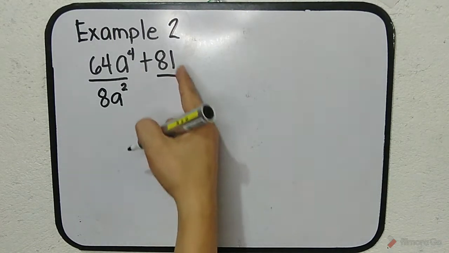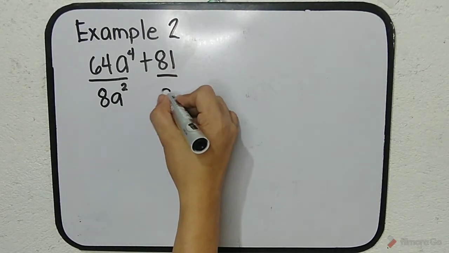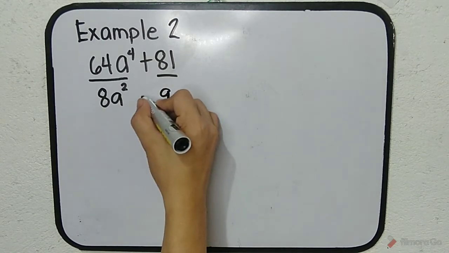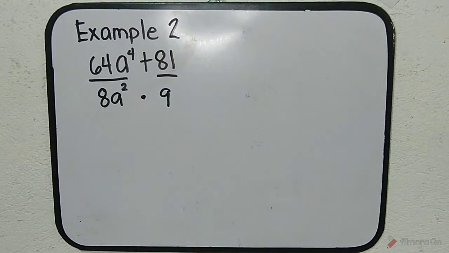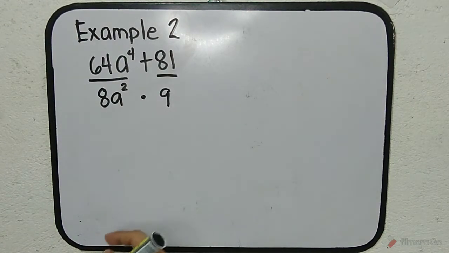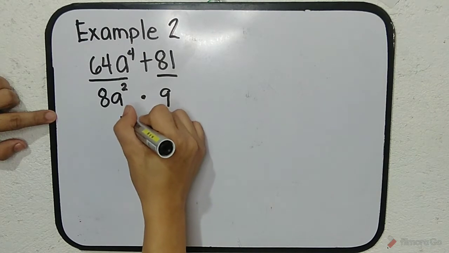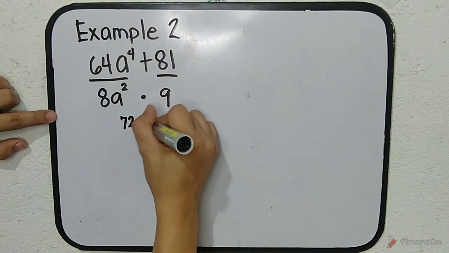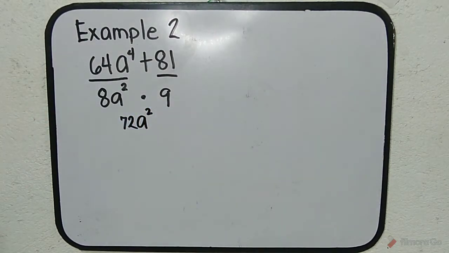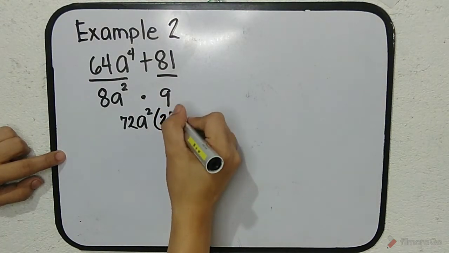Next, what is the square root of 81? 9. Now, let's multiply 8a squared and 9. We're going to have 72a squared. And kagaya ng ginawa natin kanina, minultiply natin sa 2.